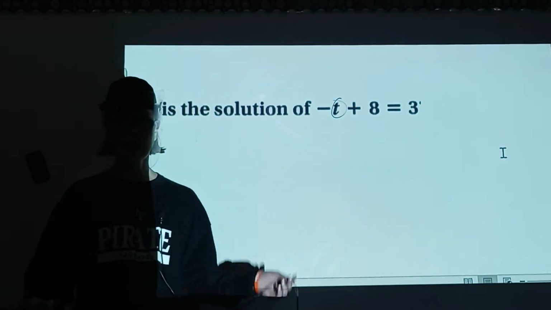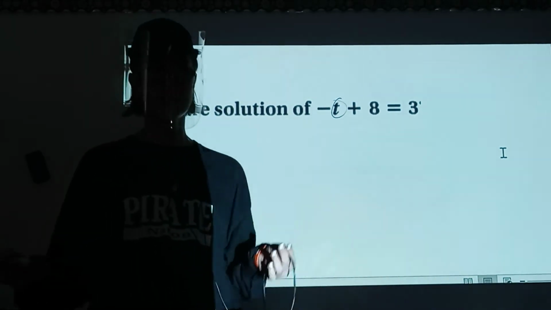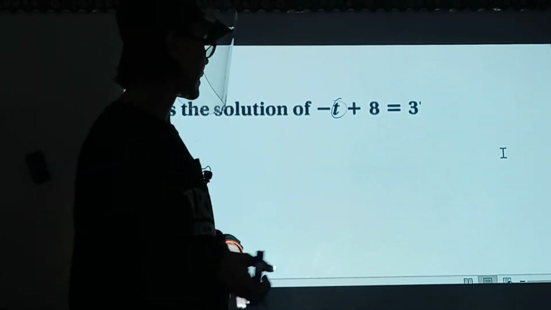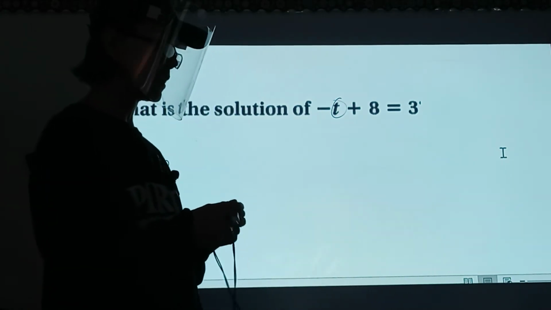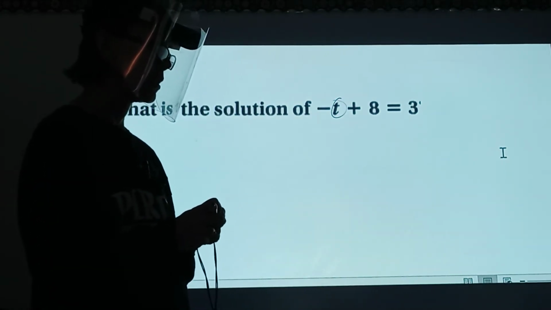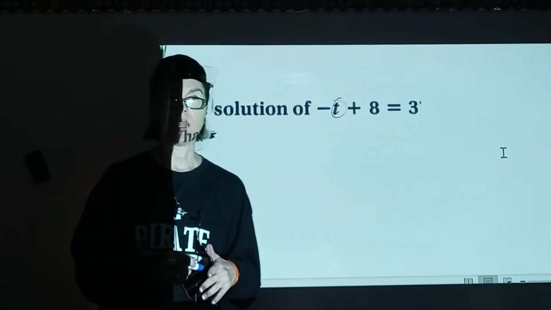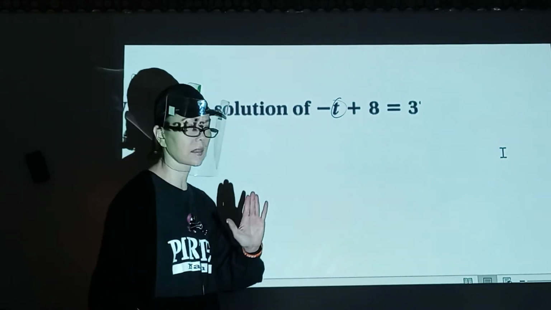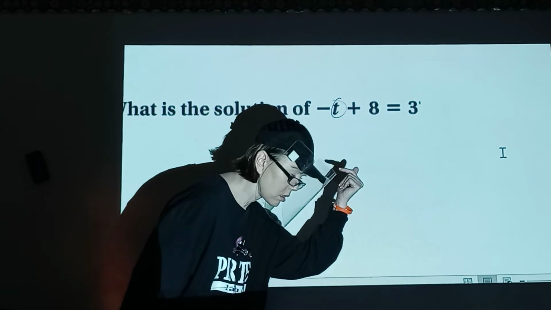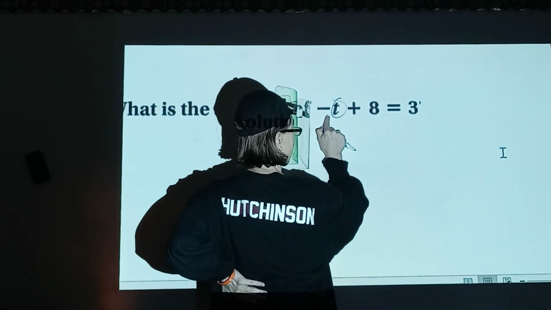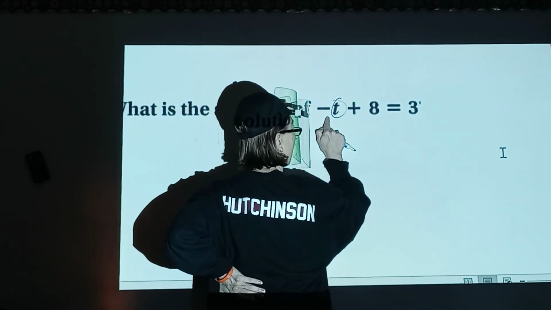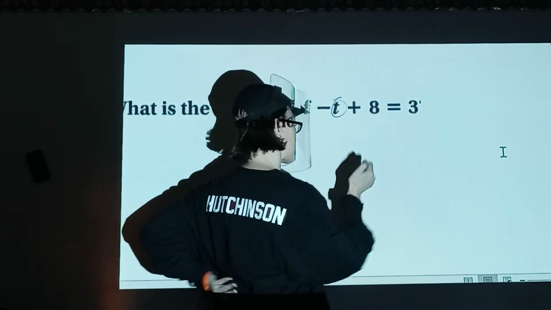We need to get that t all by itself. Okay? But what is in front of the t, Cam? The negative sign. The negative symbol. Now, even though it's not there, Focaroonies, what do we know is right there? In front. Yes, Lily.